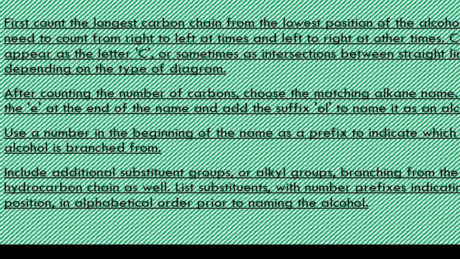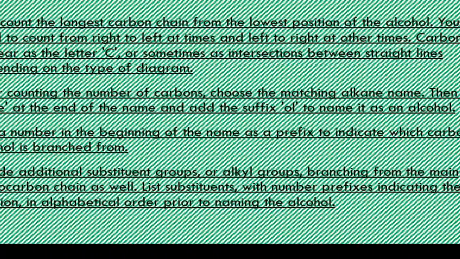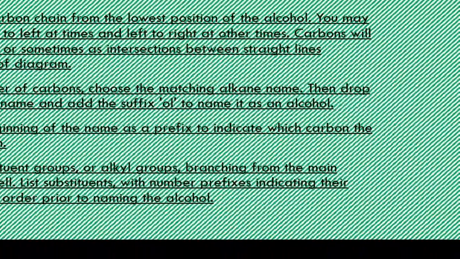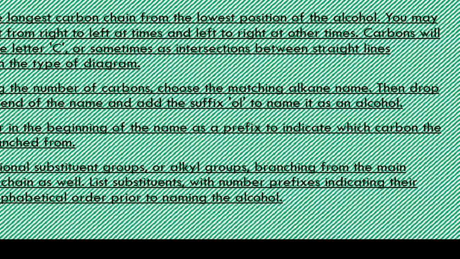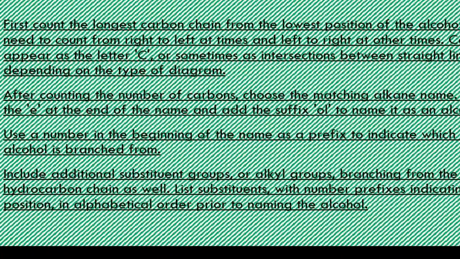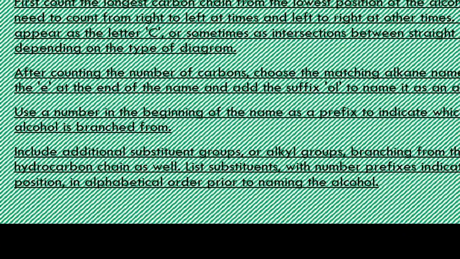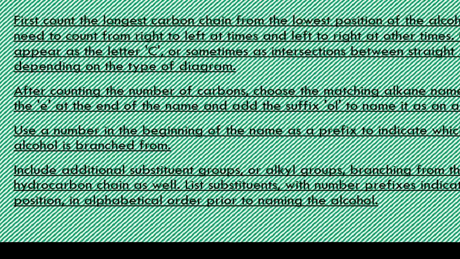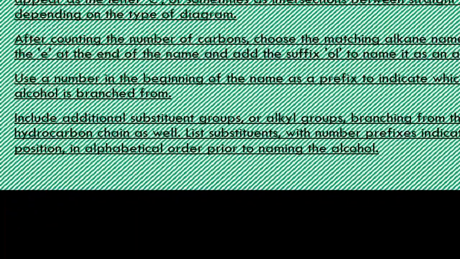Use a number in the beginning of a name as a prefix to indicate which carbon the alcohol is branched from. So if branches are present, then this rule is to be followed.